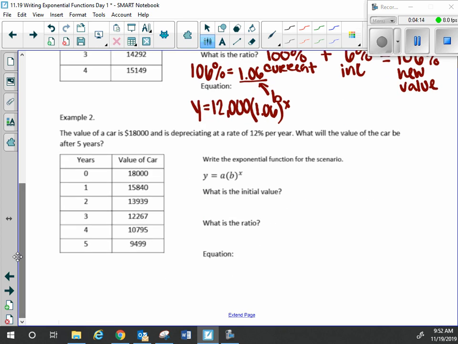Okay. So let's look at example 2. Value of a car is $18,000 and is depreciating at a rate of 12% per year. What will the value of the car be after 5 years? What's your initial value? 18,000. Okay. Growth or decay? Decay.